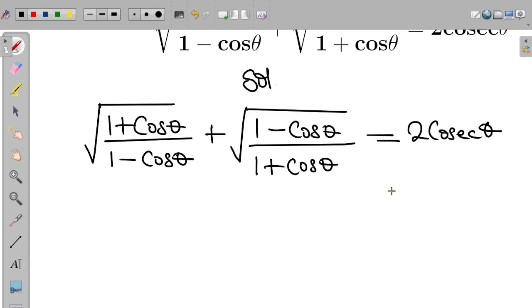So recall first that from surds, if I have root of a divided by b, this can be expressed as root a divided by root b.